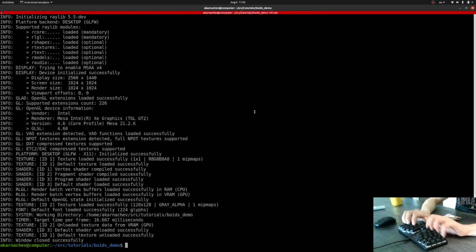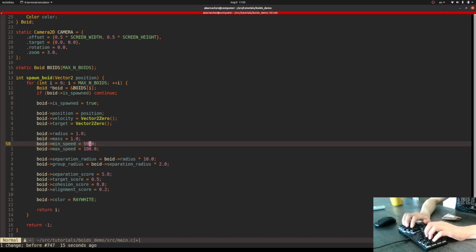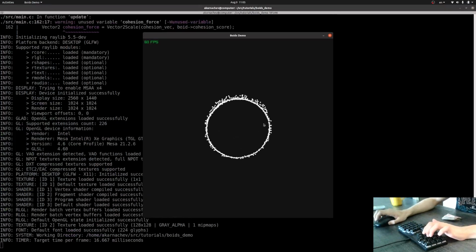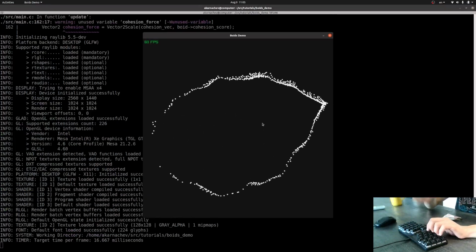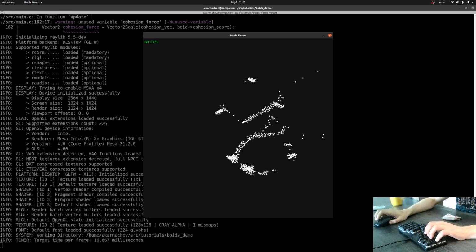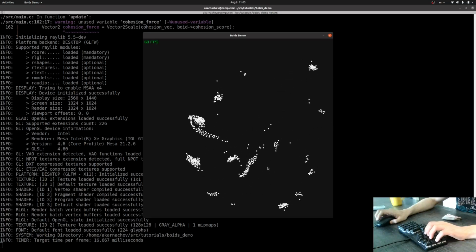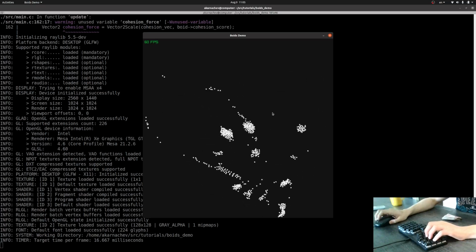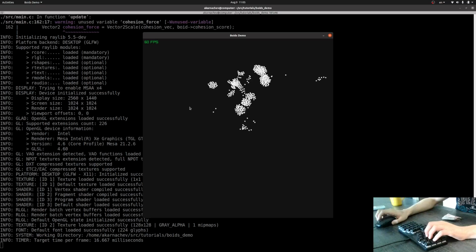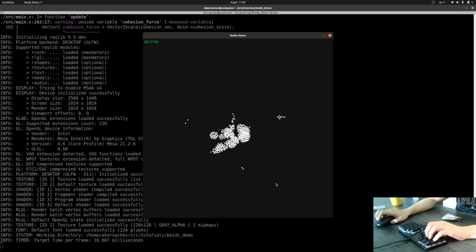No, it's too much. Well, maybe let's try to set group radius equal to separation radius times 1. Well, yeah. I want this kind of clusters, and I think it's alright now.